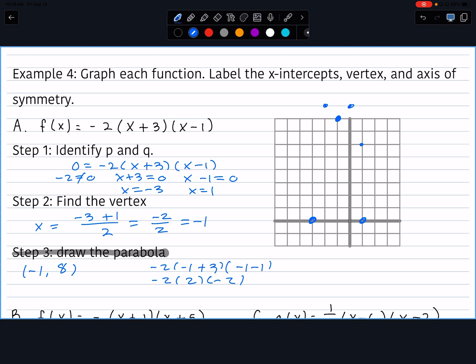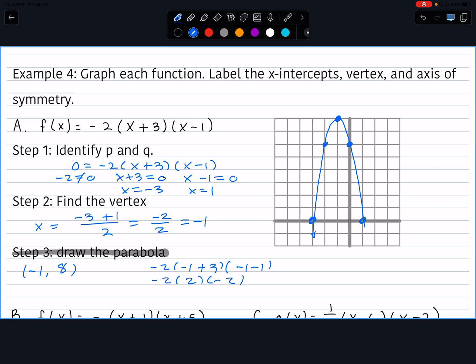So it's going to be 1, -2, and its partner on the other side. So our graph looks like this. This point should be 1 over. So our point should look like this. Okay?